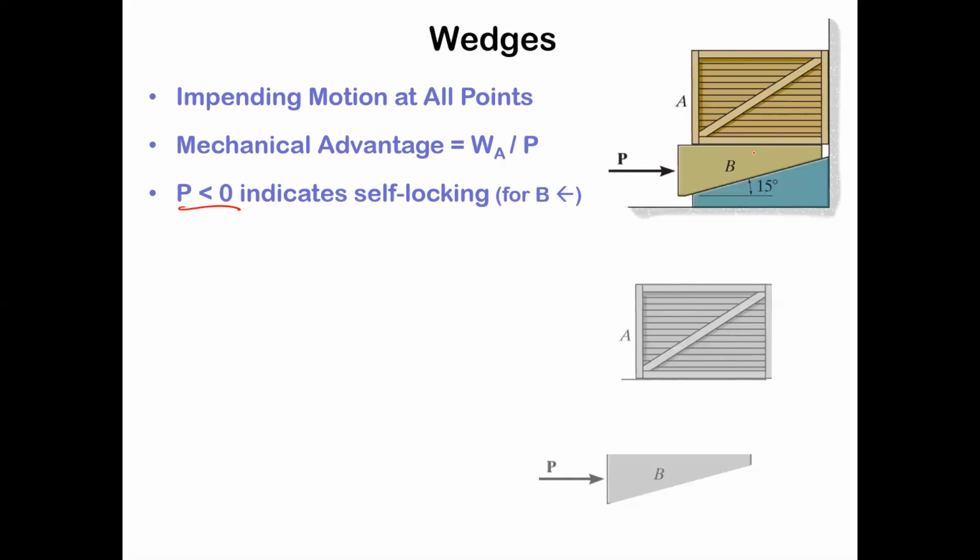The trick is, if you think about the motion of the wedge, if we're asked to find the minimum P to keep the crate from sliding down, which way is motion?